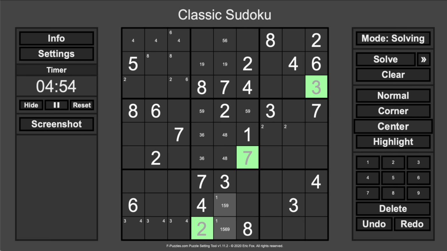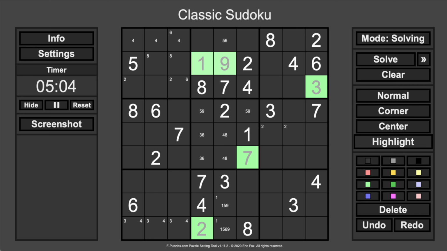Force is a 1 in one of these two. Since 1 has to be here, it can't be there, so that's a 9. Which makes that 1. Now, that's 9. Neither of these are 9.